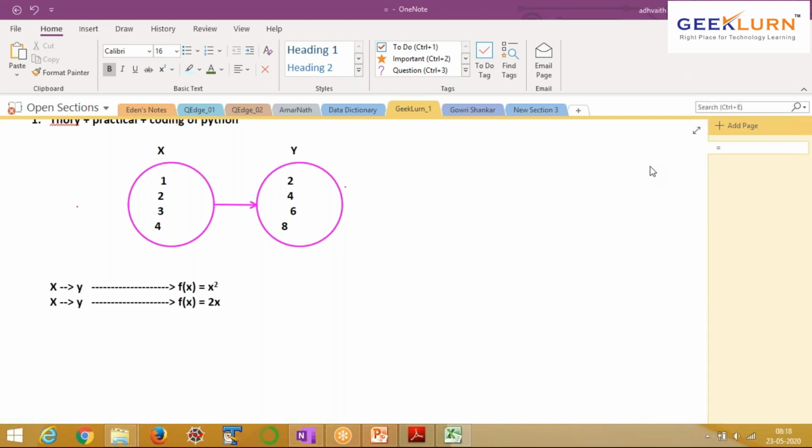Sir, for statistics, are you going to provide any PPT or material? Yes, I have a lot of things to share from my end. All the PPTs, Word documents, and PDF documents which are already prepared will be shared with you. Apart from that, I will share some more books which are best referred. At the same time, I suggest you make your own notes as well.